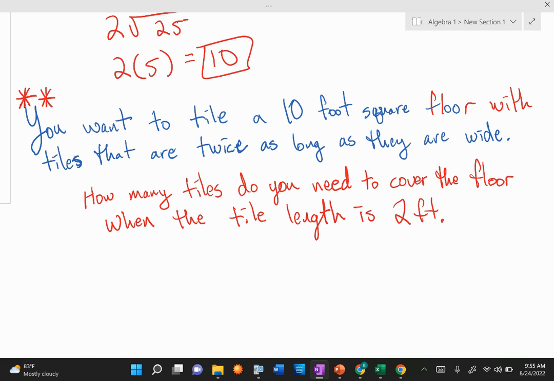So you just use the floor. So what I'm saying is the individual tiles. How is it 4?